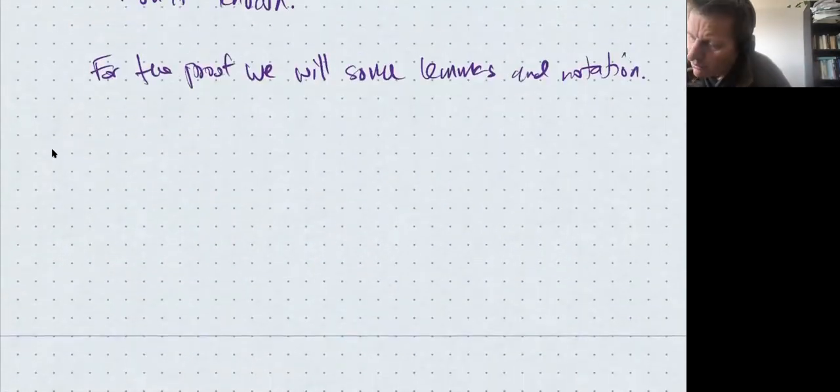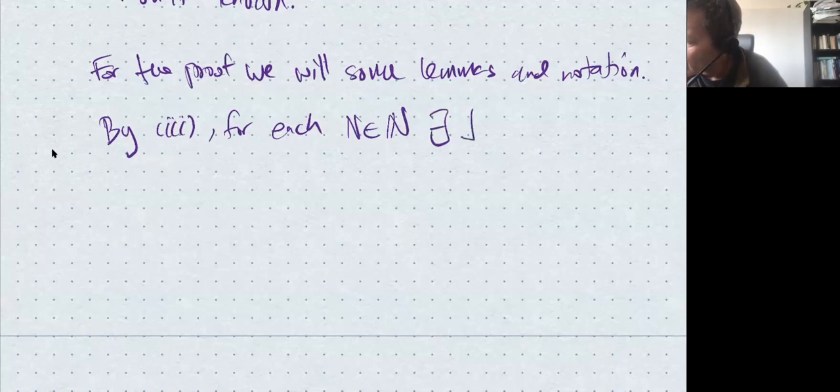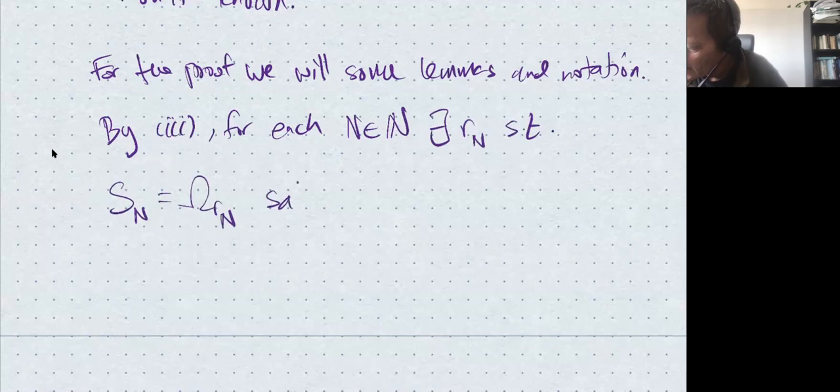So by 3, for each n a positive integer, there exists an Rn so that the set, which I want to call Sn, which is omega at the parameter Rn, satisfies that its volume is n.